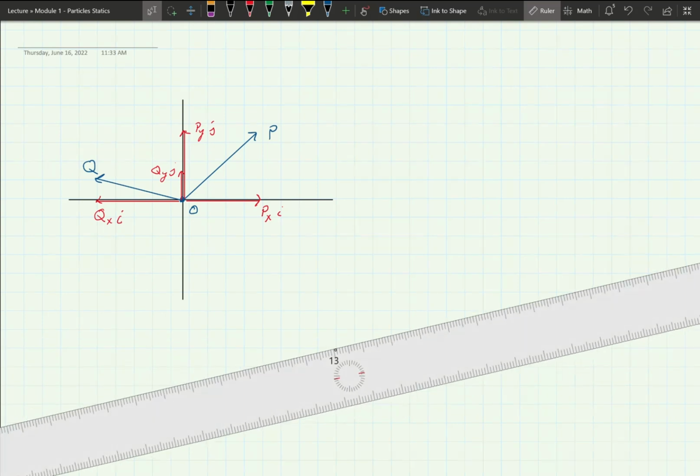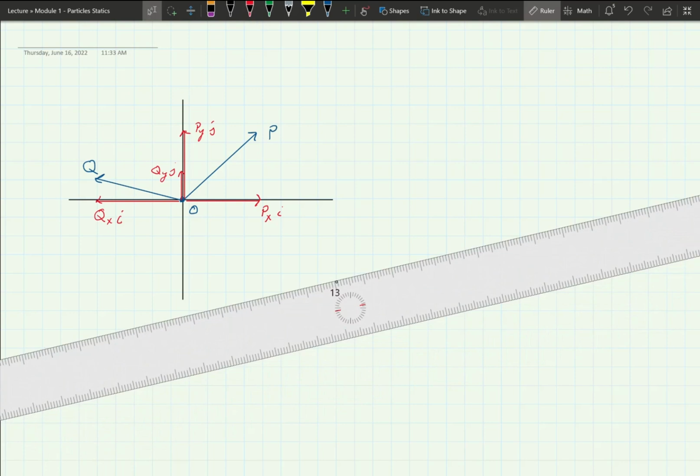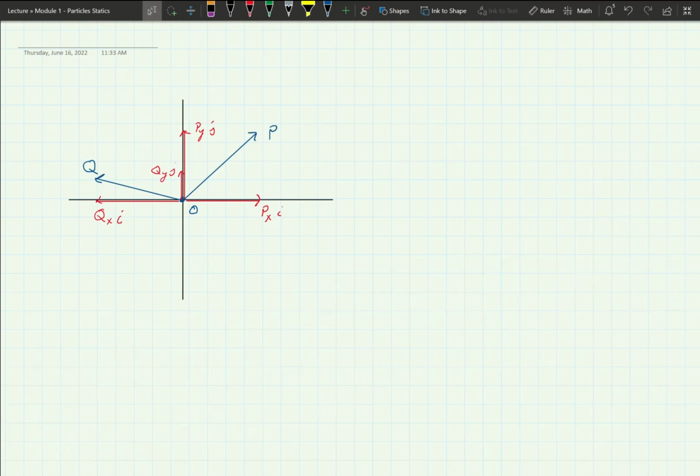Okay, so those are the components. Ideally, we'd know the value of P and the angle to solve for the components, but right now it's just a matter of keeping it general.